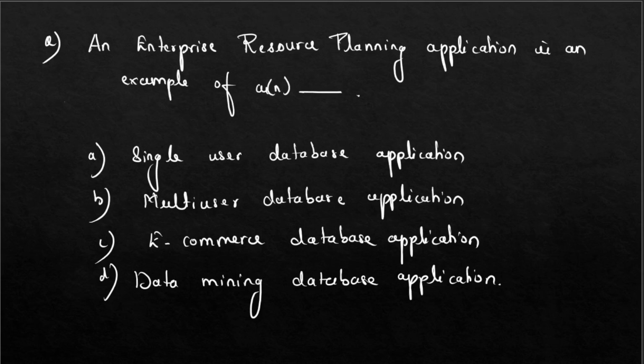So this is the best example of a multi-user database application, which is the enterprise resource planning application. So the answer to this question is B, multi-user database application. Now let's see the next question.